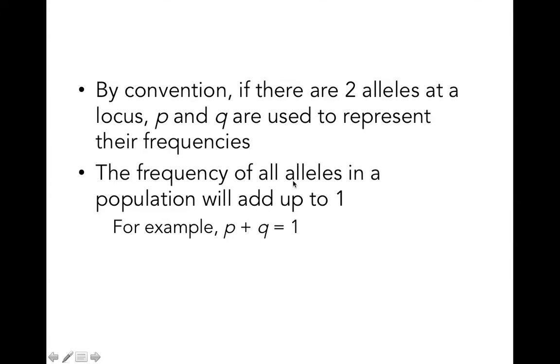So the frequency of all alleles in a population for a particular locus are always going to add up to 1, which means 100%. P plus Q is always going to equal 1, where P and Q represent allelic frequencies. For example, how many big B's and how many little b's are in a population.